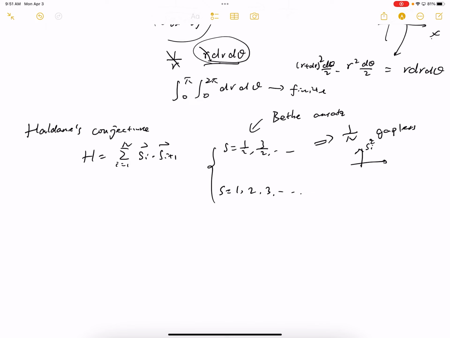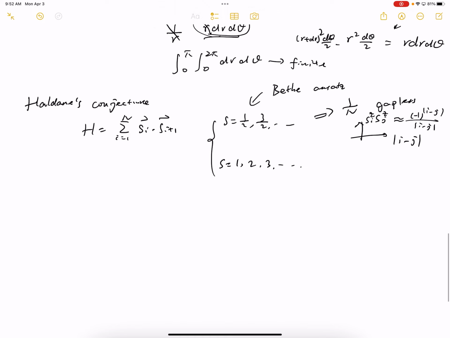If you look at Siz Sjz, with this difference of i minus j, this is approximately equal to (-1)^(i-j) divided by the distance |i-j|. So it alternates, but also decays as 1 over distance. That's the twist I was talking about. So you get this power law decay. That's the main signature. This is already verified experimentally, so Haldane is okay with that.